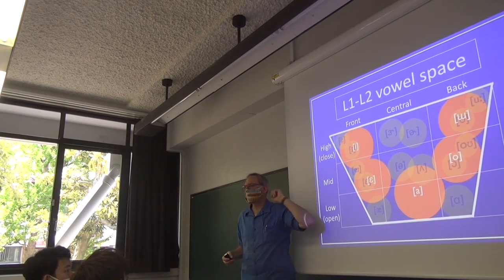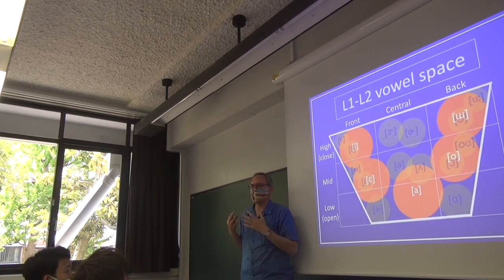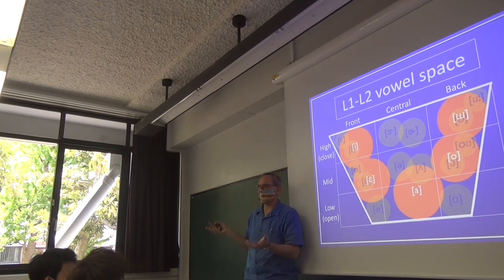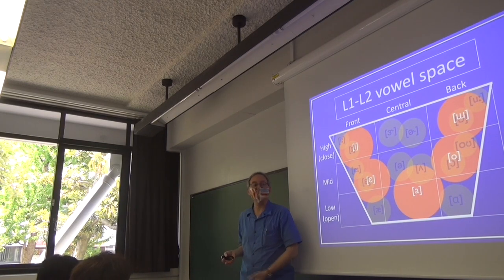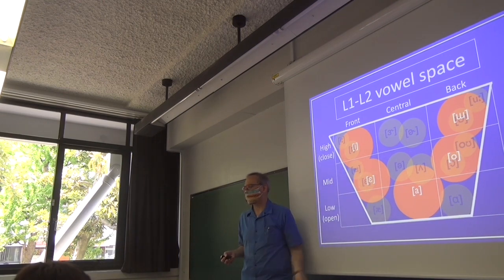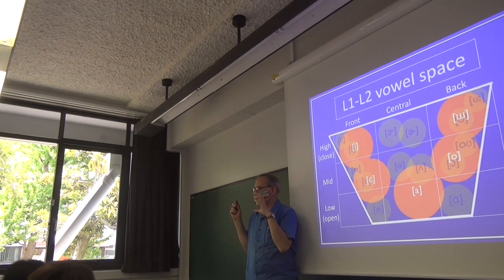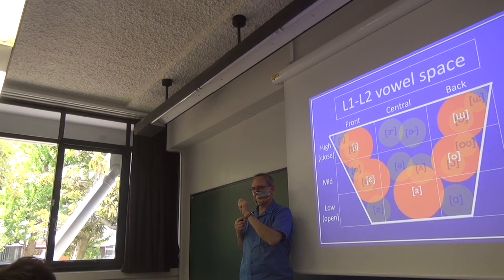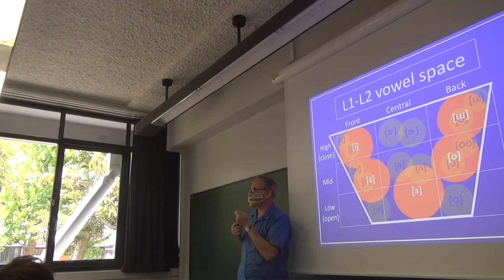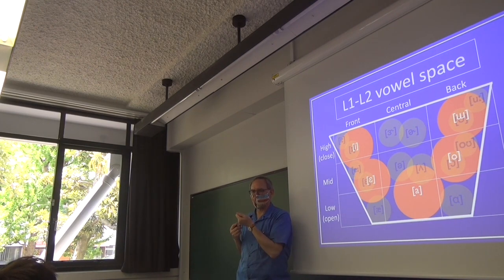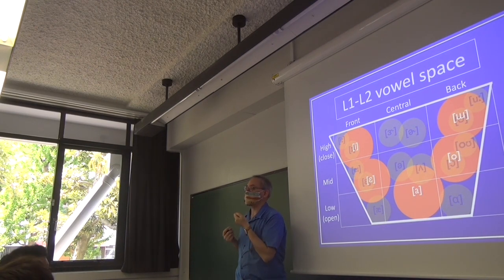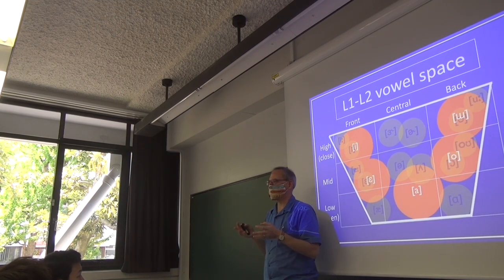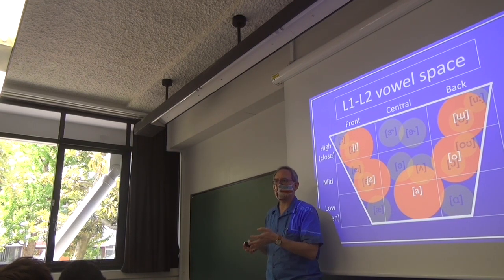So this L2 vowel space refers to the relationship between the vowel categories in the learner's native language, which are in orange here, and the second language. Now, interestingly, there's a slight problem in the reverse. Native speakers of English learning Japanese have to learn to accept a variety of sounds as the same sound.